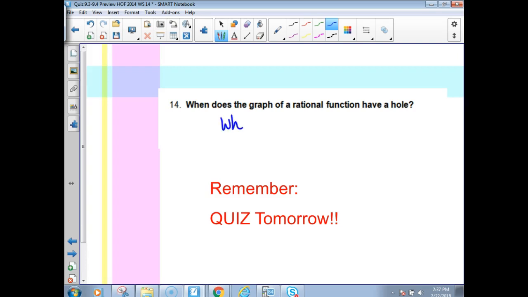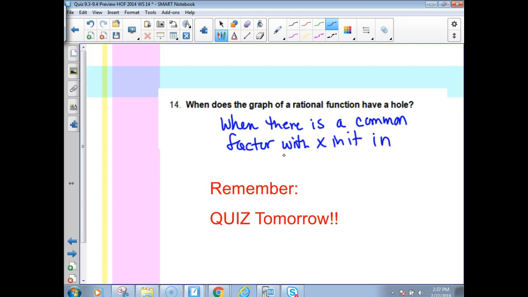I even wrote it technically incorrect earlier because I said when there is a common factor with an x in it, though. It can't just be a common factor of a number, right? With x in it in numerator and denominator.